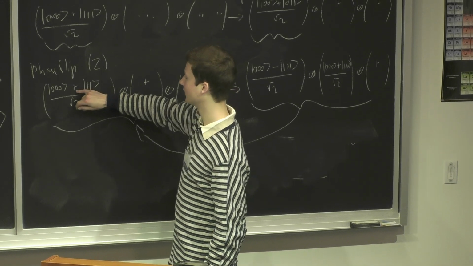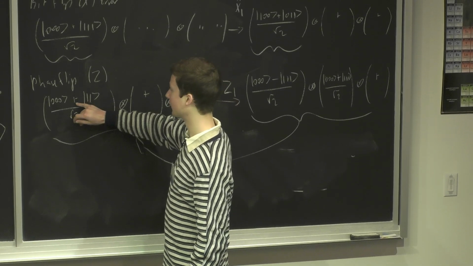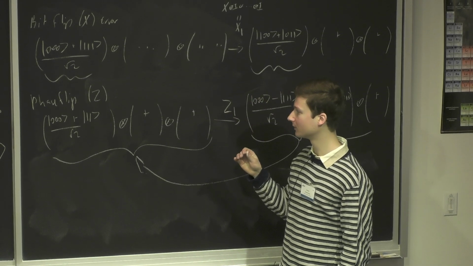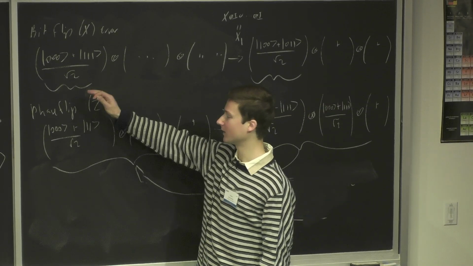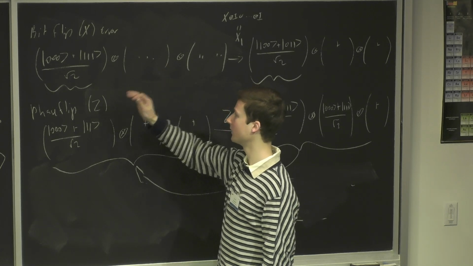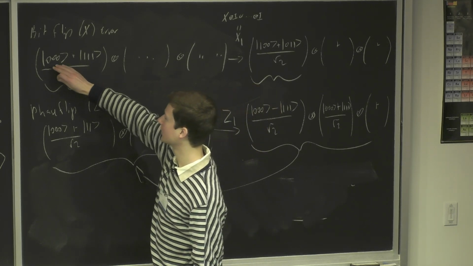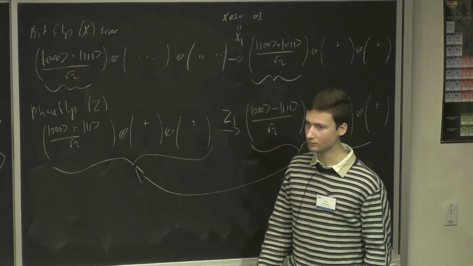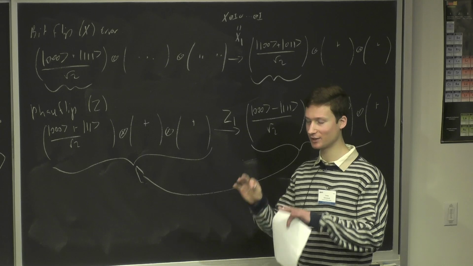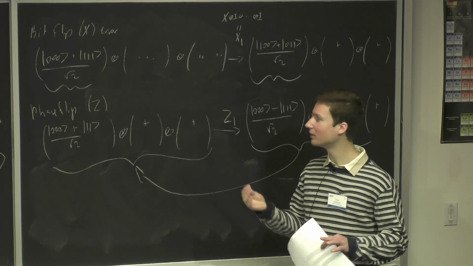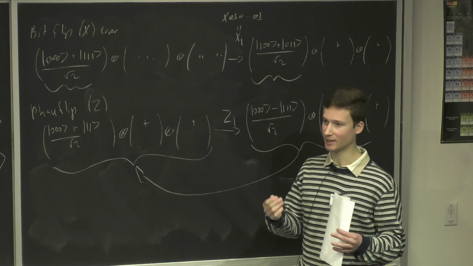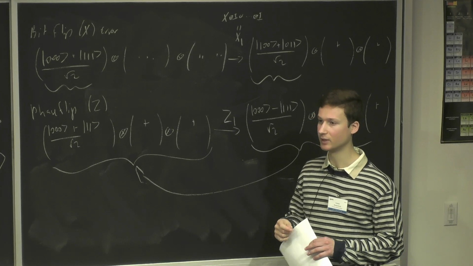It'll just change the coefficients in front of our 000s and our 111s. So a phase flip really doesn't affect our bit flip correction procedure, because our bit flip correction procedure just looks at whether we have zeros or ones in these states. So the two are kind of independent of each other. No matter how many phase flip errors occur, we can always detect and then correct one bit flip error, and vice versa.